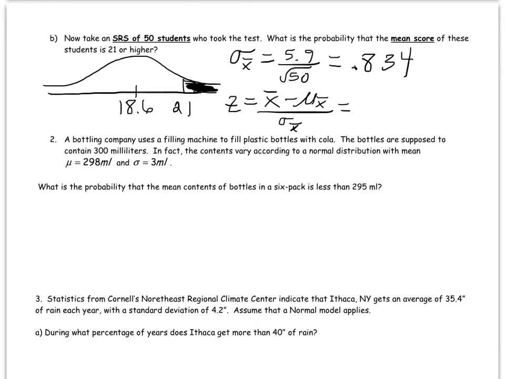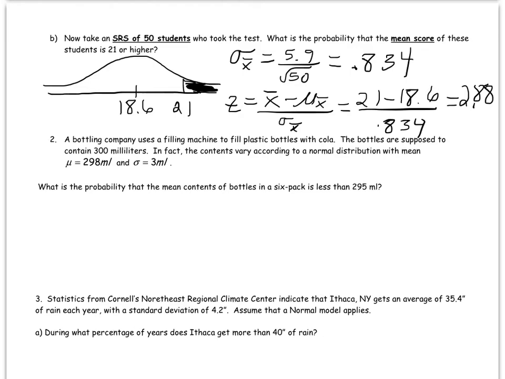So that's going to be 21 minus 18.6, but now I'm dividing by 0.834, so the standard deviation of the sample means here is much smaller. Since the standard deviation is smaller, the z-score is going to be more extreme. This 21 is more standard deviations from the mean than in the previous example. So this is 2.88.